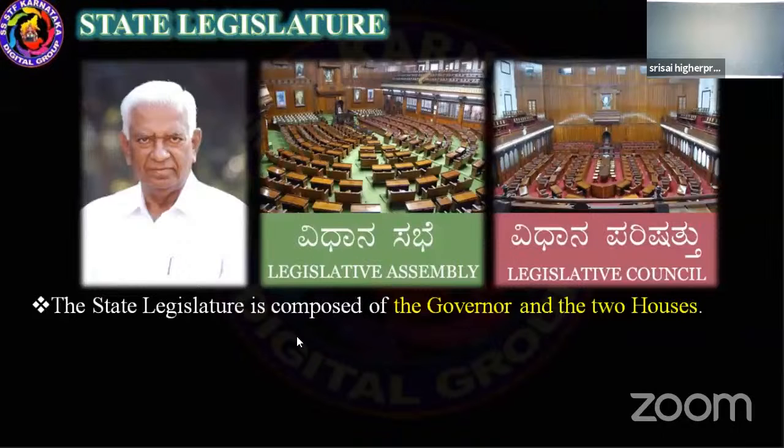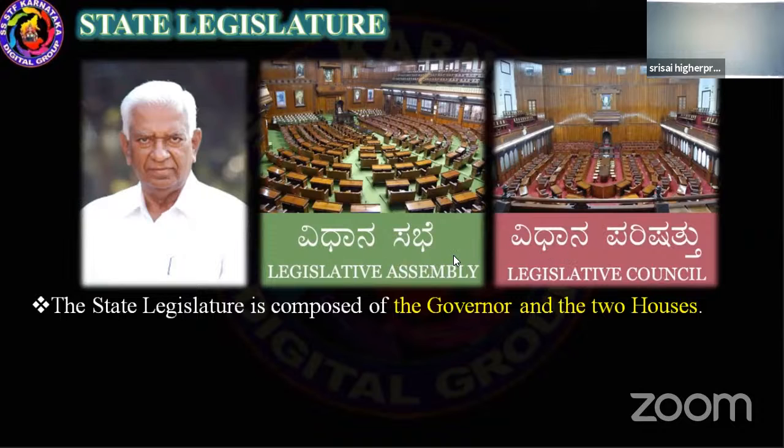The state legislature is composed of the governor and 2 houses. The state legislature includes the governor, the legislative assembly and the legislative council. These are the 2 houses.